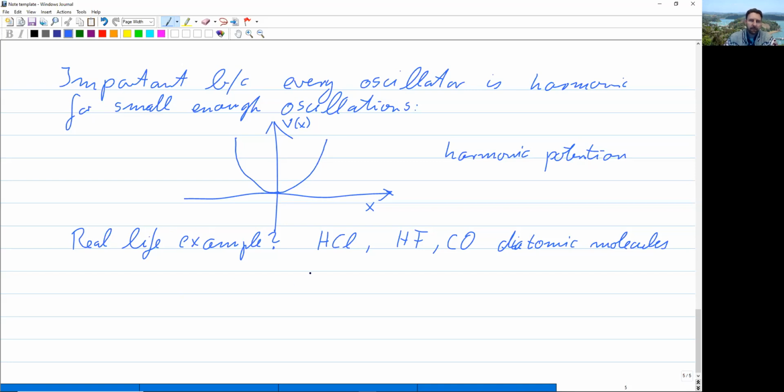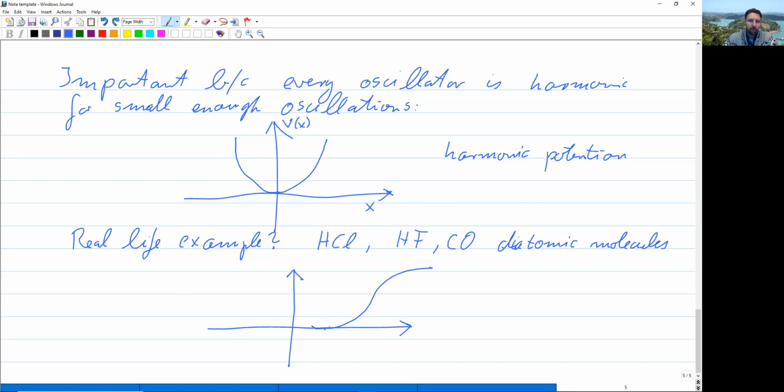Why would it be that? Let's first of all look at how this potential looks like in real life. So, the potential for a diatomic molecule typically looks something like this. Or maybe, just a sec, that wasn't so good.